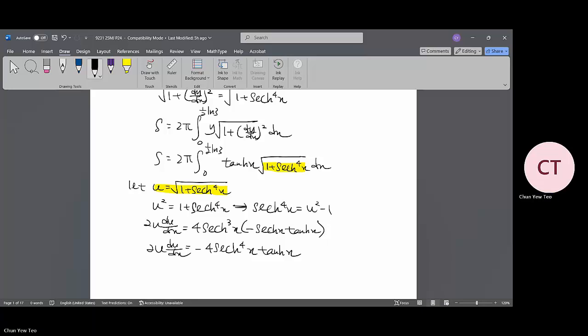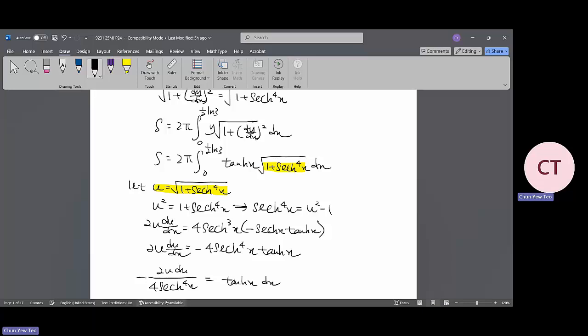Then we can bring it over here: 2u du over 4 sec to the power of 4x is equal to negative tan x dx.